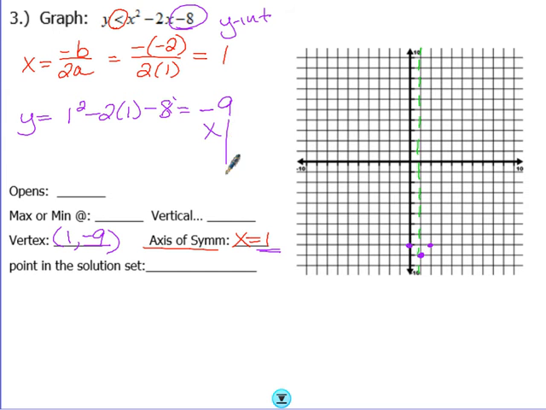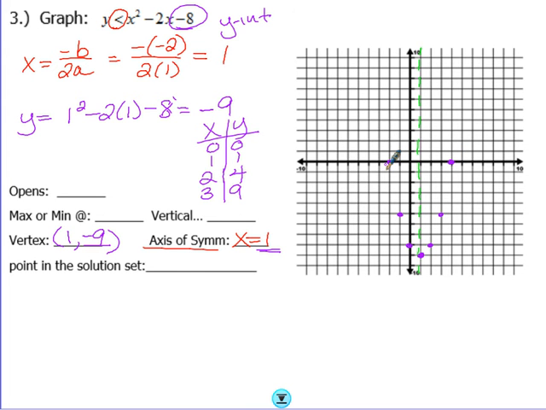We should always write our parent table, so our 0, 0, 1, 1, 2, 4. Our a is 1, so we do not need to multiply our y's by anything, so we can go to the right 2, up 4, and reflect that point. We can also do our next point, which would be 3, and then 3 squared is 9, and reflect that point.